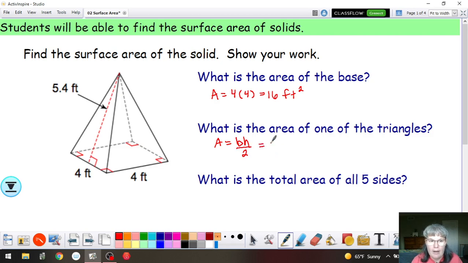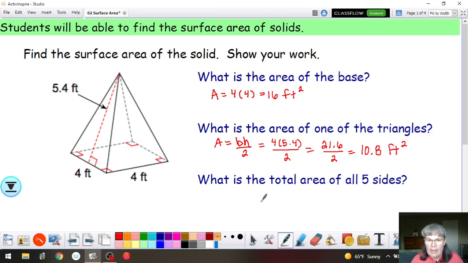So we're going to have 4 times 5.4, which is 21.6. Divide that by 2 and we have 10.8 square feet for one triangle.